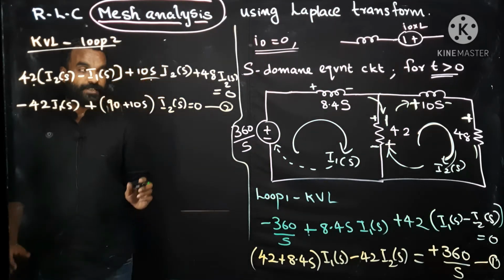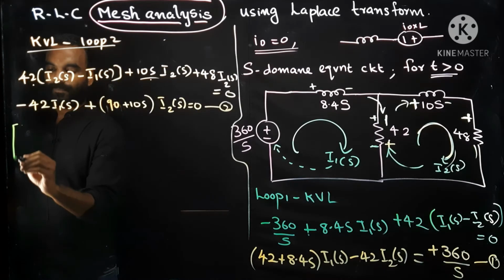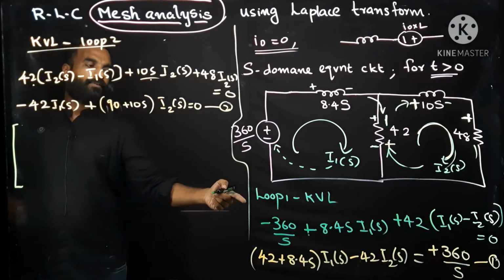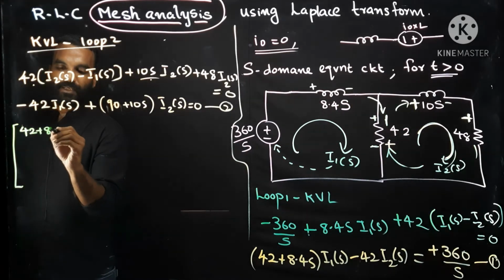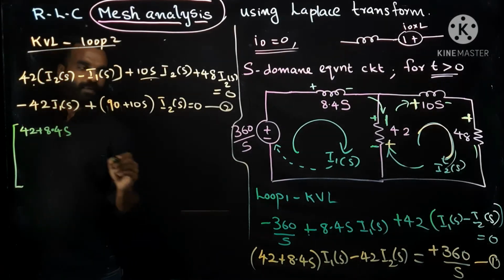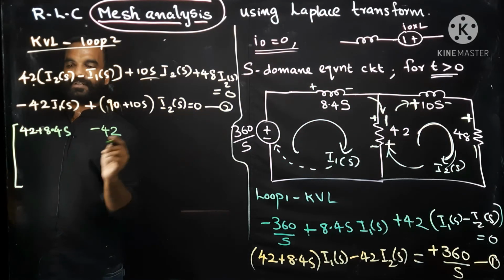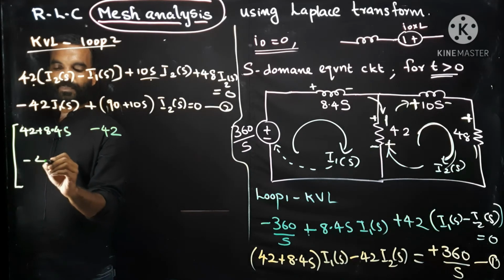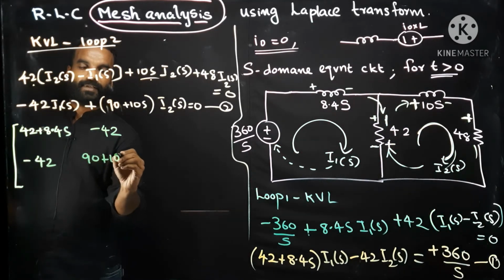Now we are arranging these two equations in matrix form. From equation 1, the coefficient of I1 is 42 plus 8.4s, and the coefficient of I2 is minus 42. In the second equation, the coefficient of I1 is minus 42, and the coefficient of I2 is 90 plus 10s.